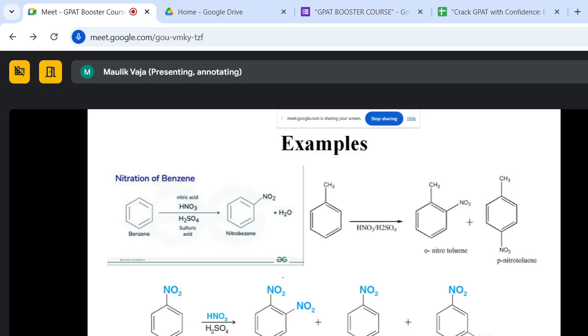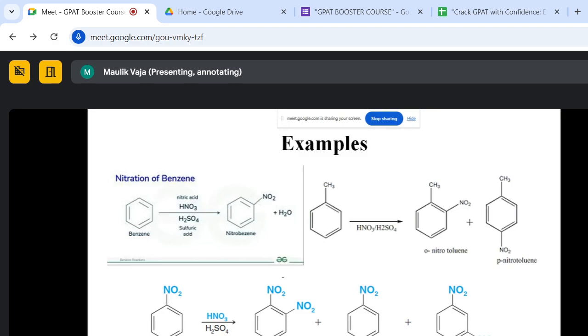If you have two rings, one a benzene ring and another a benzene ring with an electron donating group, the electron donating group donates electrons to benzene. Benzene already has electrons, but the electron donating group donates more. So the electrophile will first go to the compound which contains the electron donating group.